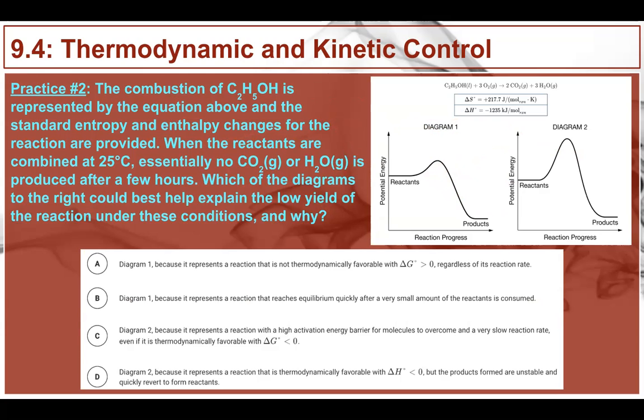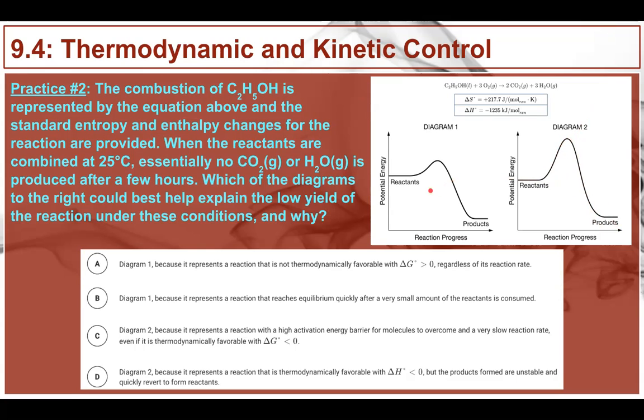Which of the diagrams to the right would best help to explain the low yield of a reaction under these conditions and why? Well, the main reason, look at that activation energy. Diagram 2 has that higher activation energy, so that would explain why, even though we have an exothermic reaction, we have to expend enough energy to get up to the peak, and without that, we're not making it up there to then go and produce those products.